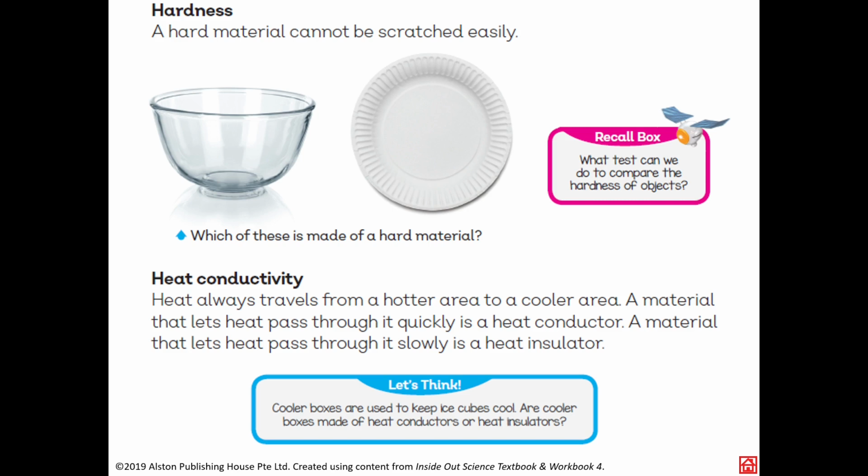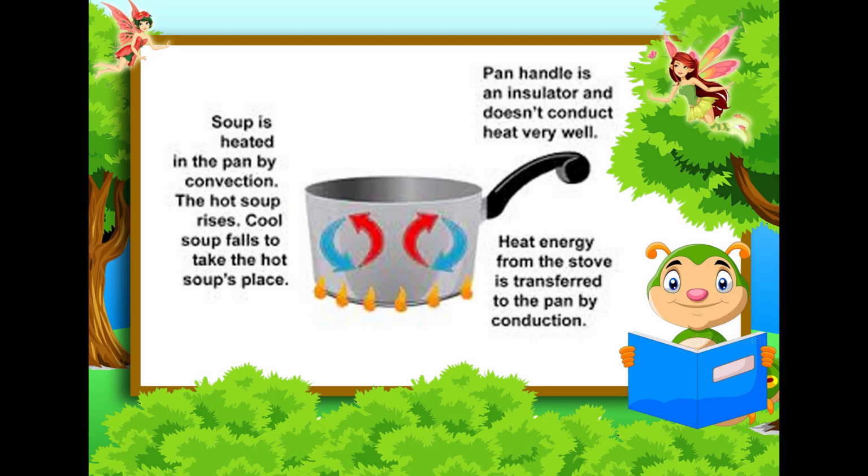Now, a material that lets heat pass through it slowly is a heat insulator. The best example of a heat insulator is your cooking pan. The pan itself is metal, but the handle is plastic.